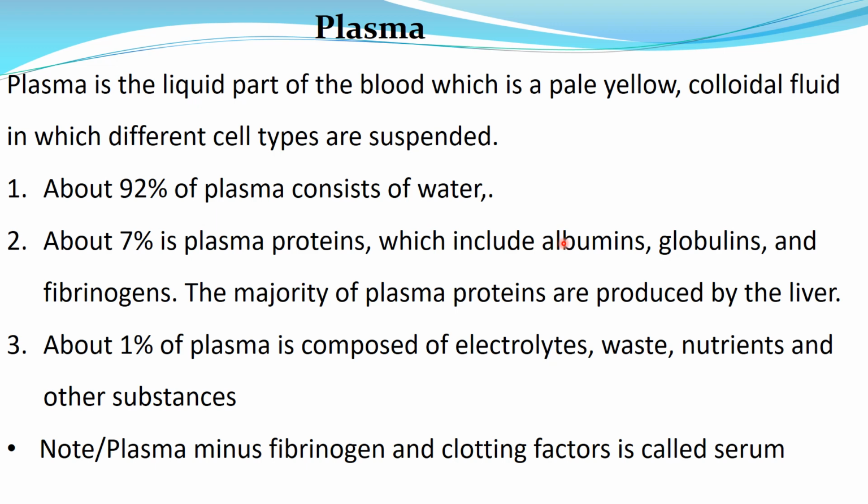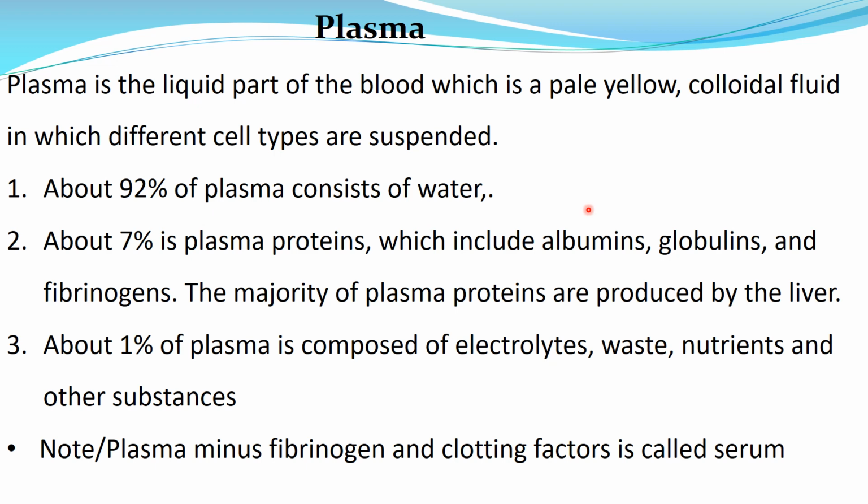The first one is that mainly it is involved with the production of a specific pressure, which is known as plasma colloid osmotic pressure, and this pressure is responsible for the maintenance of a balance between the intravascular and extravascular fluid flow.